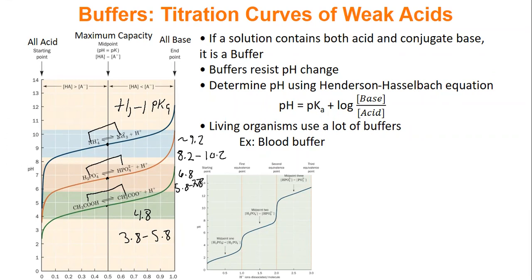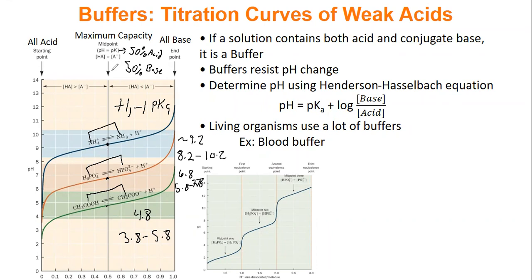If your solution has a pH equal to the pKa of your buffer, you then know that your buffer has 50% acid and 50% base. So if your conjugate pair has the same amount of acid and base, your pH equals your pKa.